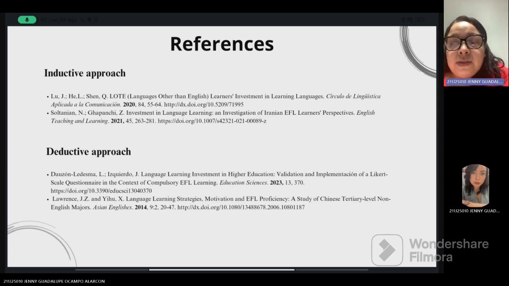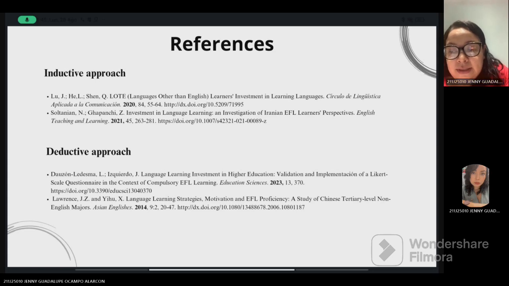For example, the first article, whose authors are Dawson, Ledesma, and Izquierdo, is basically a validation and an implementation of a Likert scale questionnaire in the context of compulsory EFL learning.